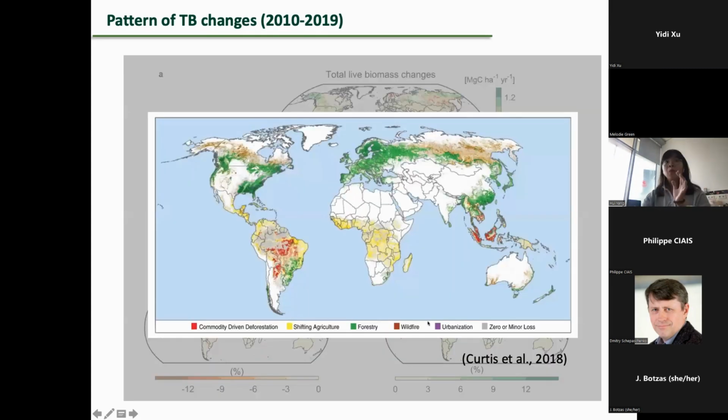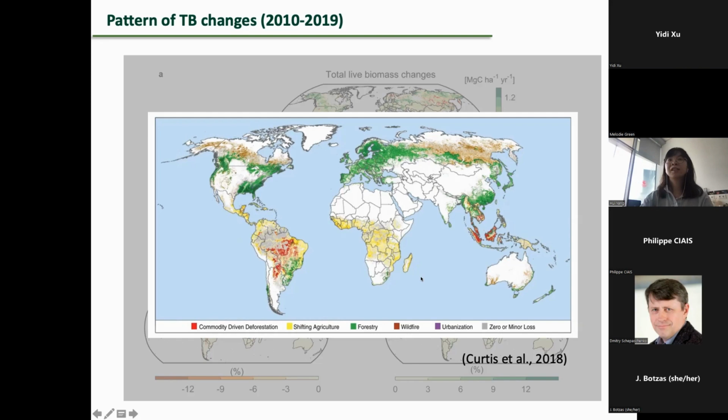Then we use the classification map from Curtis, which gives the driver of forest coverage change, and they divided the globe into 6 clusters, including deforestation, agriculture, forestry, fire, urbanization, and non-forest loss.